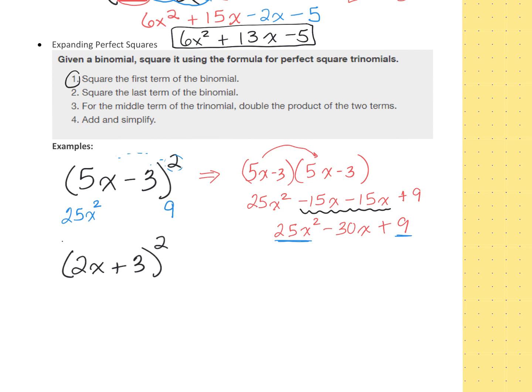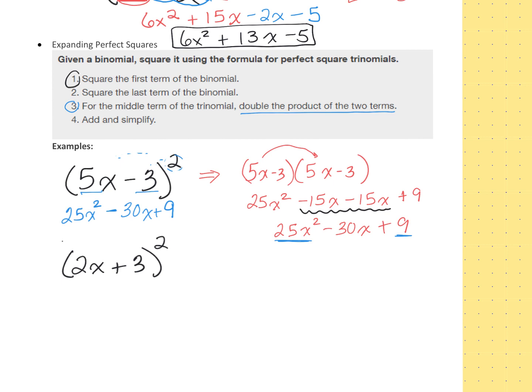We can multiply 5x times negative 3 and get negative 15. So for the middle term, we're going to double the product of the two terms. So we're going to get negative 15, and we're going to double it. We're going to get negative 30x. So you can do one of two things. You can either multiply it, write it next to itself and FOIL, or you can use the shortcut method here.